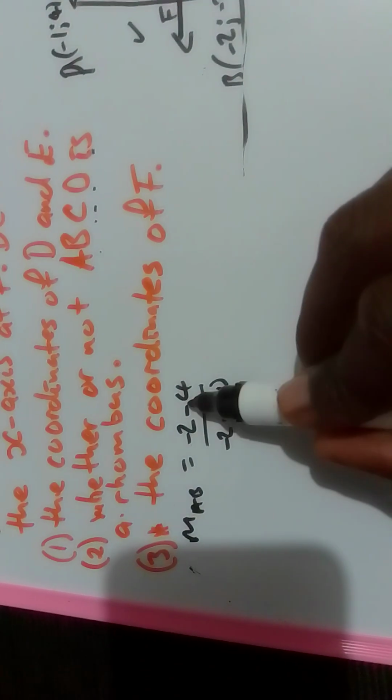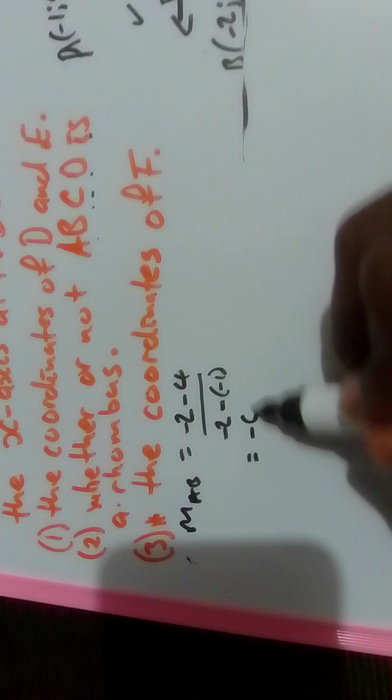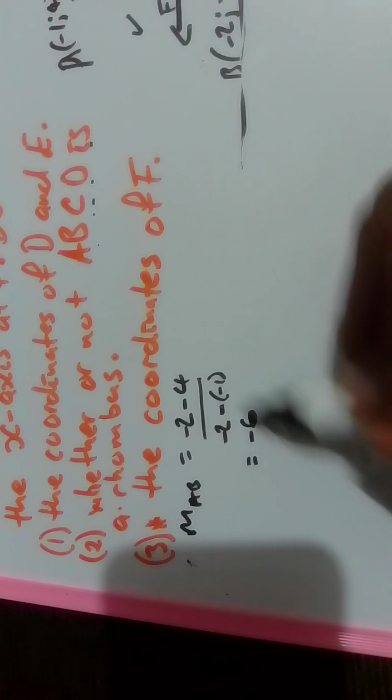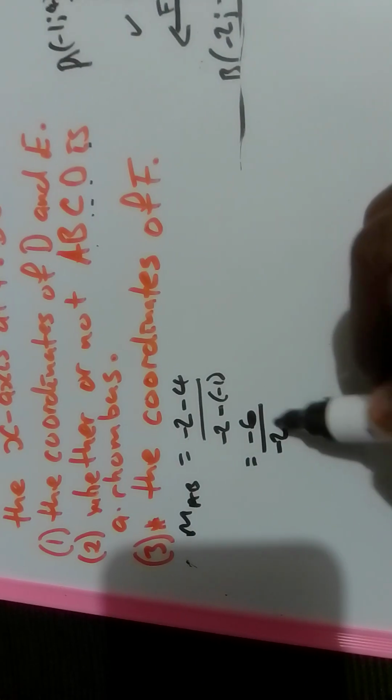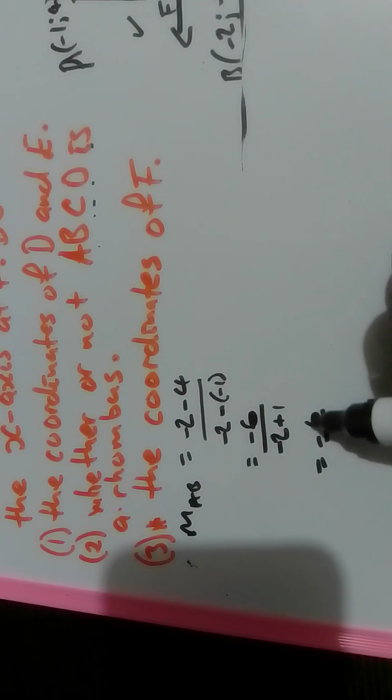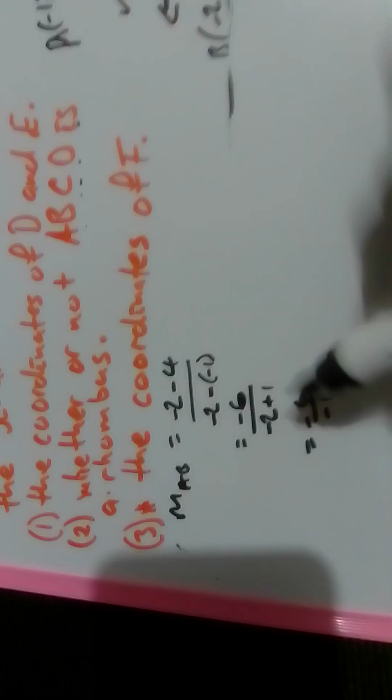Negative 2 minus 4 is equals to negative 6. And here, negative, negative, it's a positive. So we've got negative 2 plus 1, which is now negative 6 over what? Over negative 1.